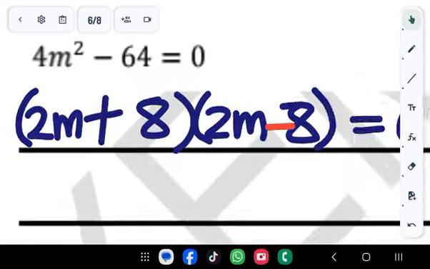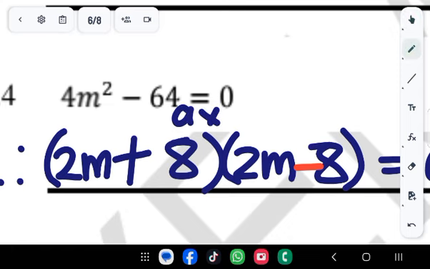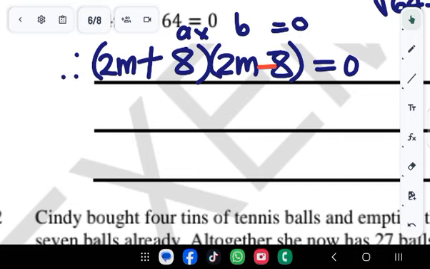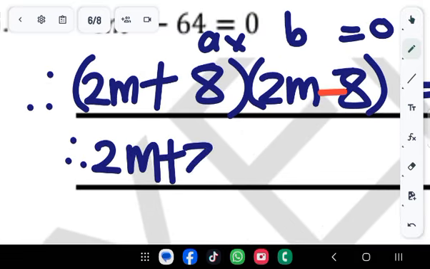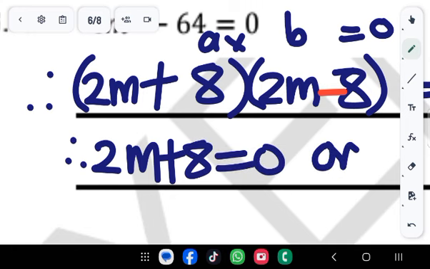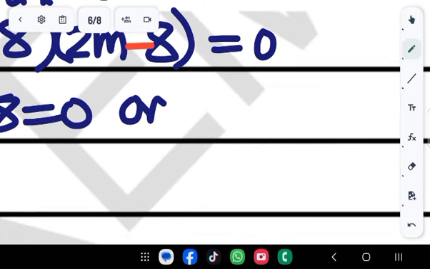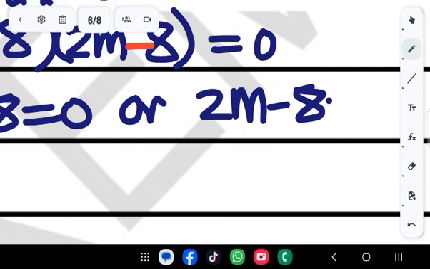Now that you've got the a times b situation equals 0, you equate each one of these to 0. 2m plus 8 equals 0, or 2m minus 8 equals 0.